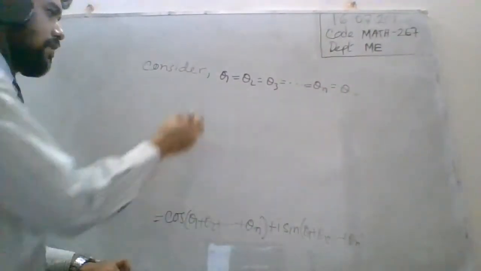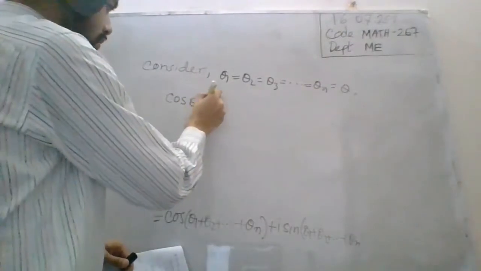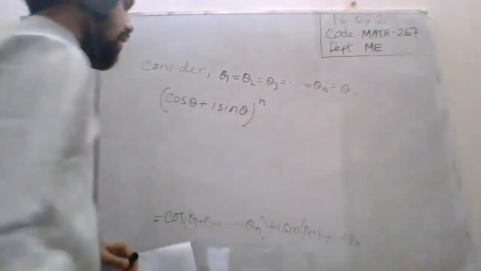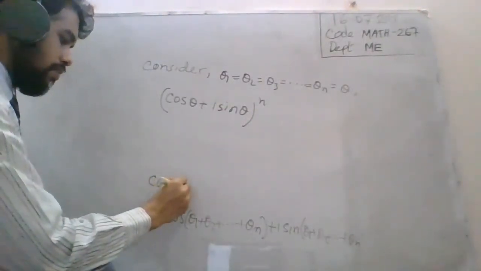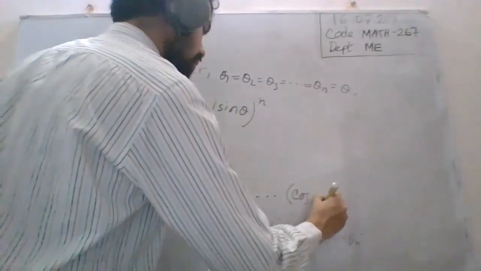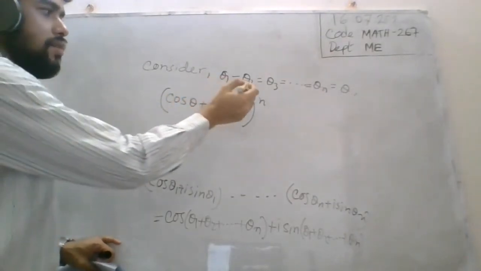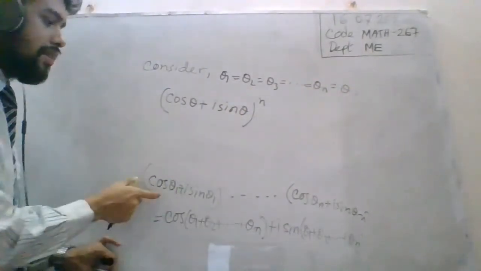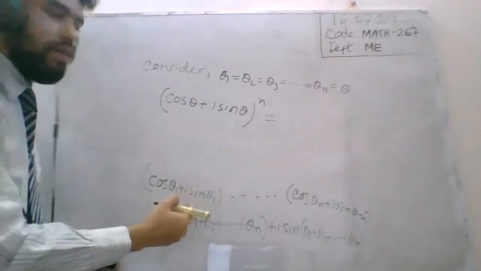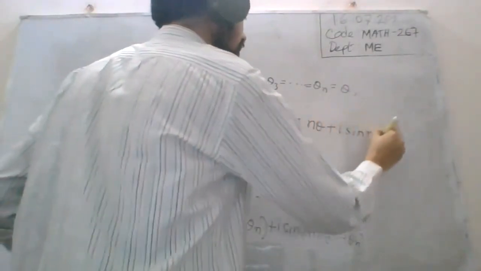Then this equation turns into (cos theta plus i sin theta) to the power n, since the earlier product was cos theta 1 plus i sin theta 1, and so on up to cos theta n plus i sin theta n. Applying theta 1 equal to theta 2 equal to theta n equal to theta, the power n arises from multiplying these together, and we get cos n theta plus i sin n theta.